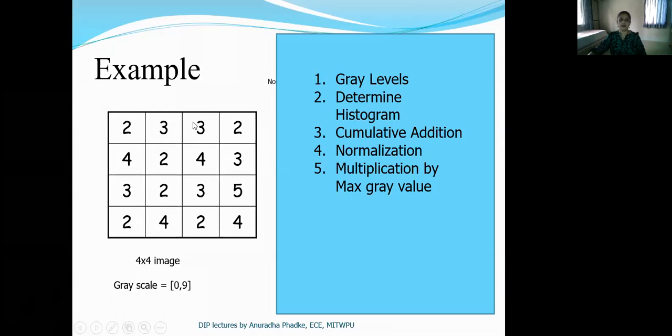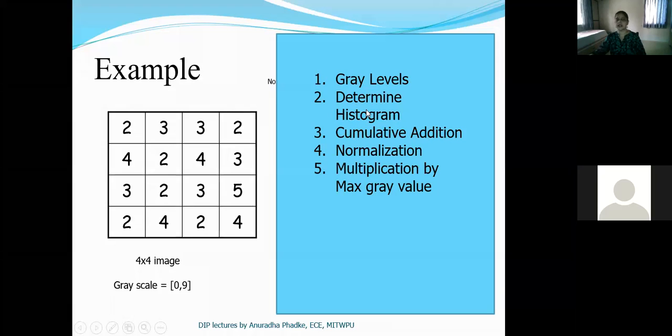Now we want to apply histogram equalization on this image, which means we have to follow these steps as mentioned here. The first step is to identify the gray levels. The second step is to determine the histogram, which means counting the number of pixels belonging to each gray shade.